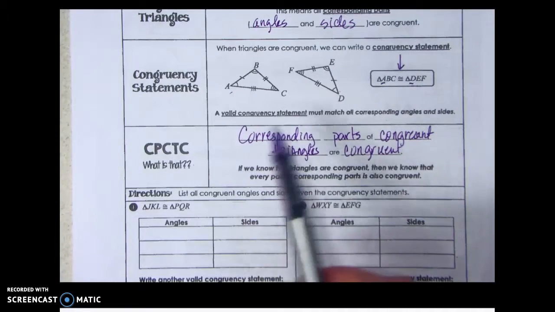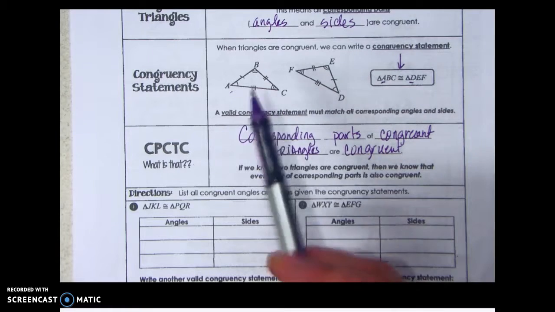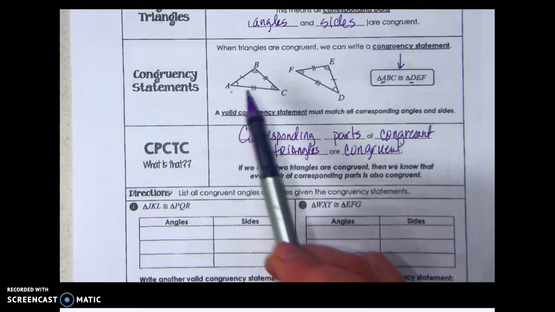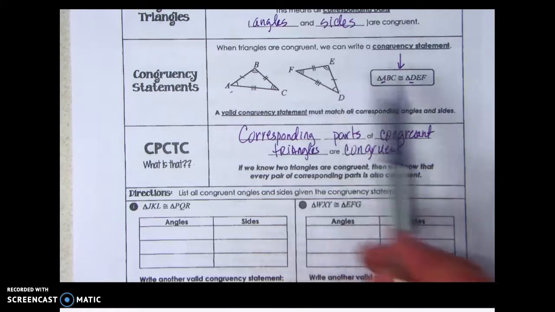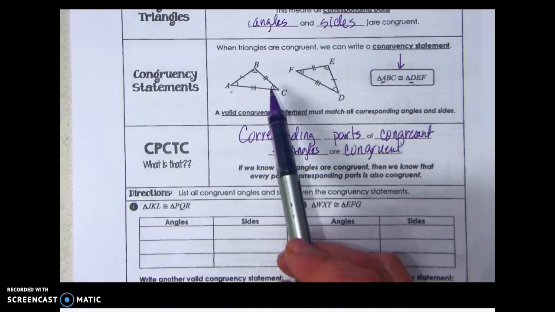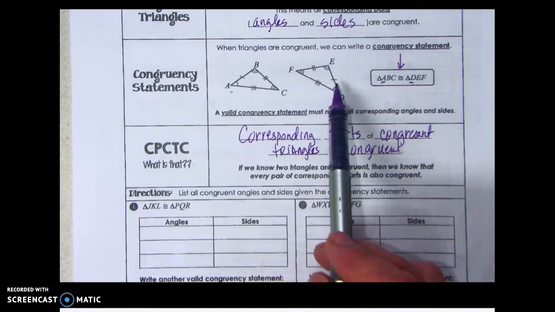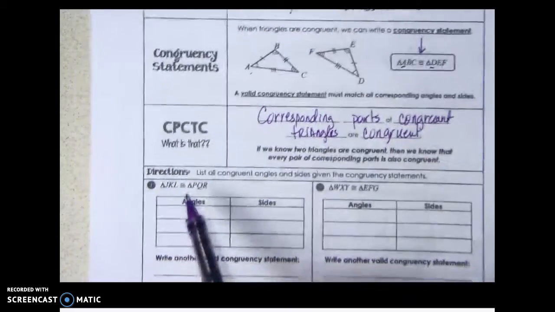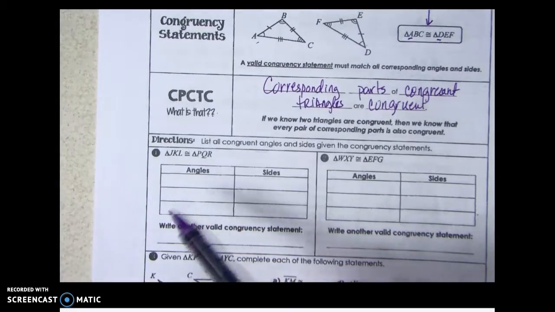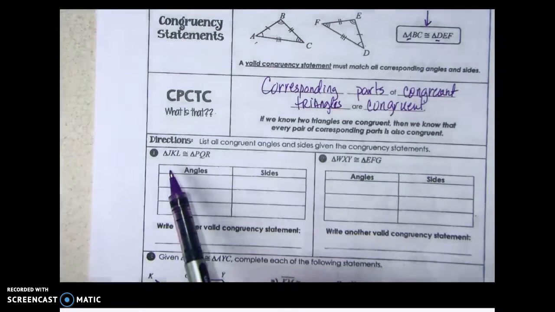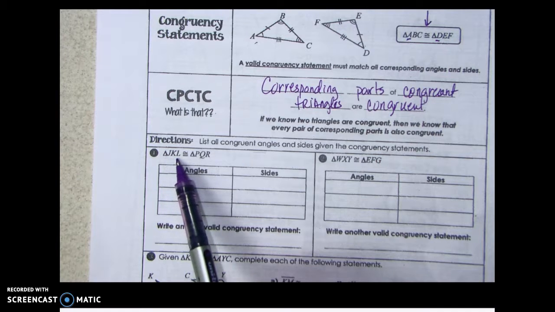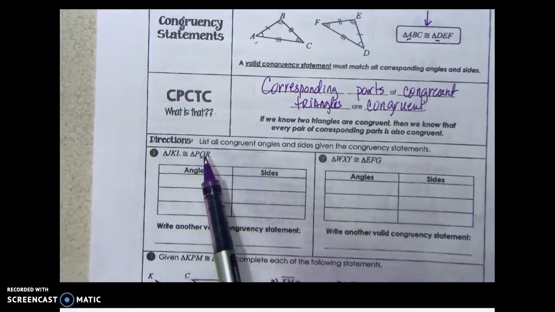Okay, now, one way to set up our corresponding parts is by looking at the triangles as we're looking here. Another way is by going by the congruency statement. Notice the order of the letters.